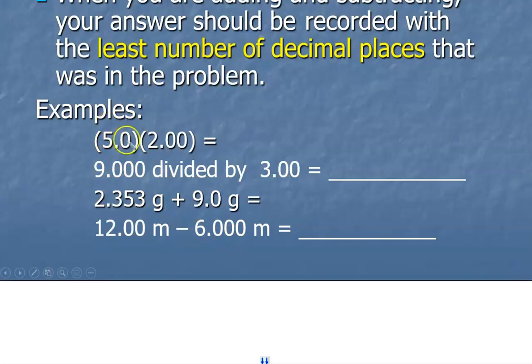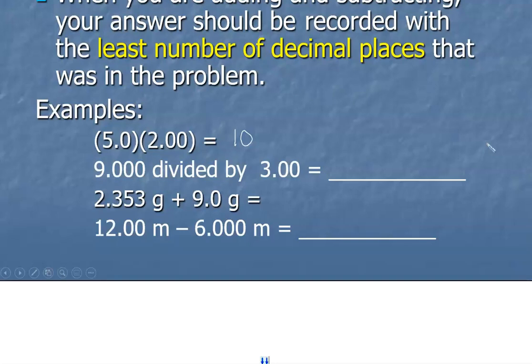Okay, so if we have 5 times 2, we know that 5 times 2, of course, is 10. But if I write 10, you're actually going to get that marked wrong, because I'm not checking your math facts, that you know that 5 times 2 is 10, but rather that you know how to apply the significant digit rules.